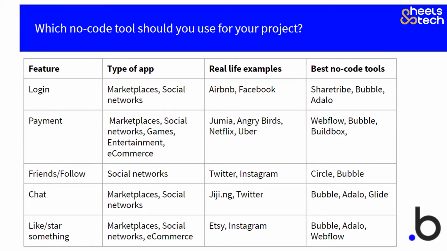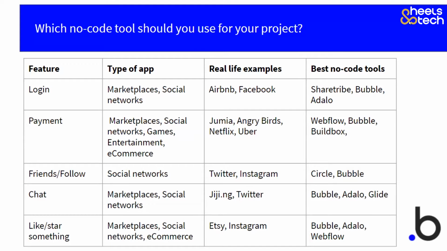So for example, if you want to build an app with a login feature, you want users to be able to log in with their email address or with a username and a password. Those kinds of apps are like marketplaces, like social networks. For real life examples, you can think of something like an Airbnb or Facebook.